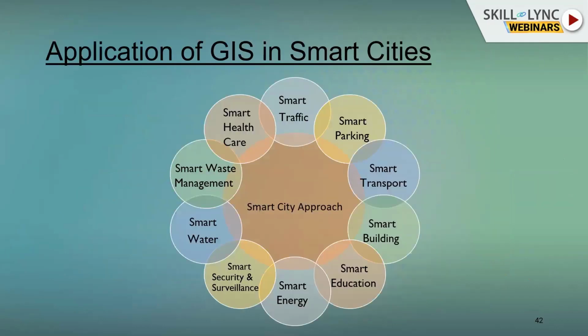Now applications. As I already gave you a lot of examples of how GIS is being used in various fields, various scenarios. So how it is being practiced in the smart cities. You already know that 100 smart cities were chosen by the government of India, and how it is being practiced there.